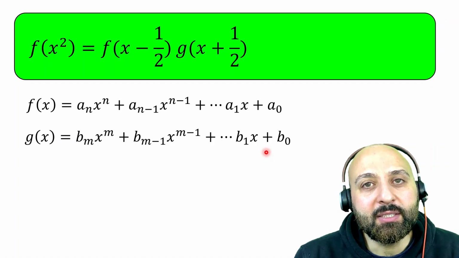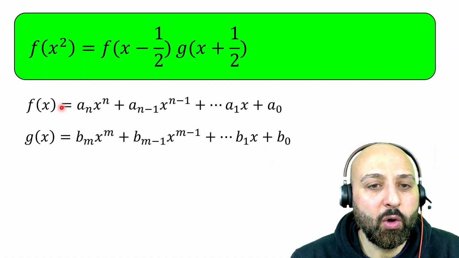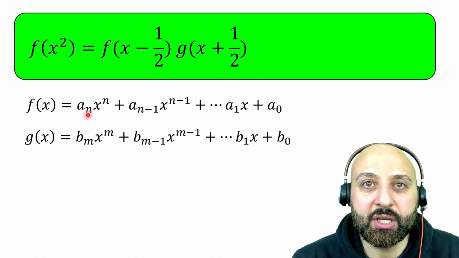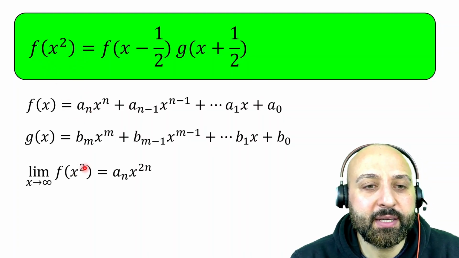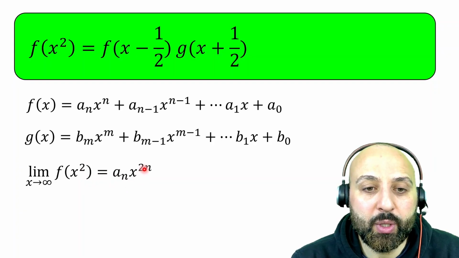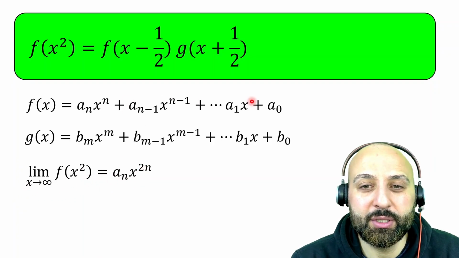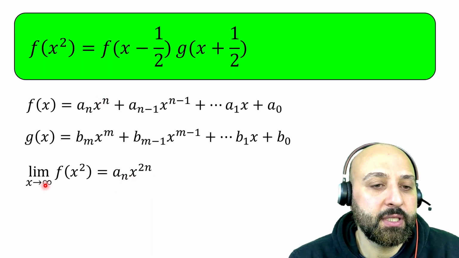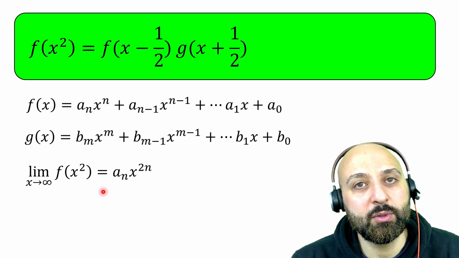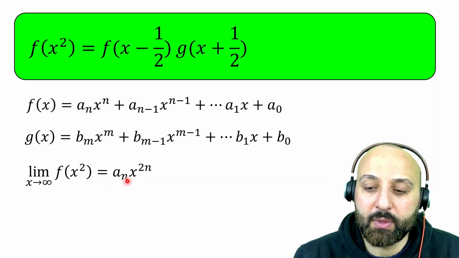Because when x goes to plus infinity, the whole polynomial will approach the first term. So from the left side of the equation, f(x²) will approach a_n multiplied by x^(2n), because all the other terms are very small compared to the first term. Therefore, the limit of f(x²) as x goes to infinity will be a_n x^(2n).